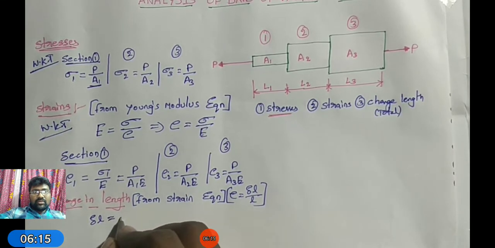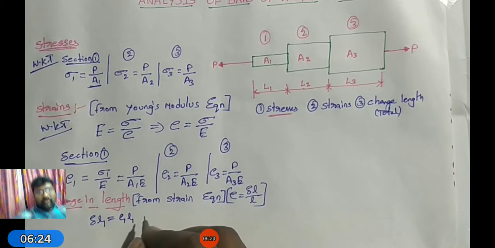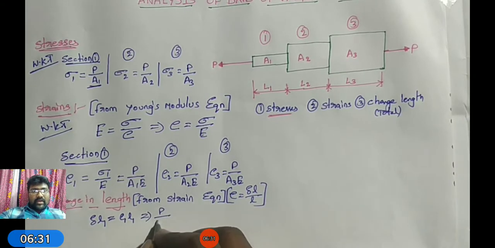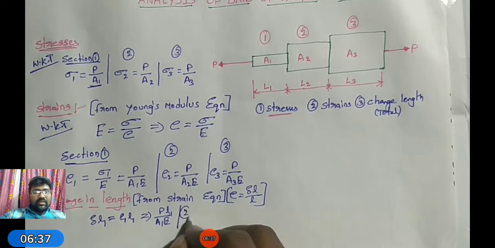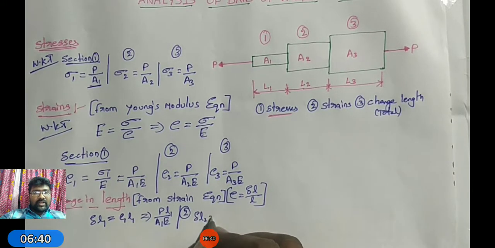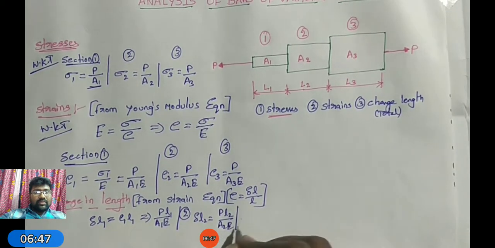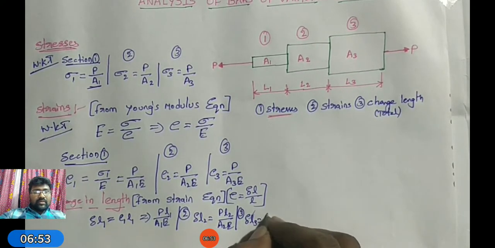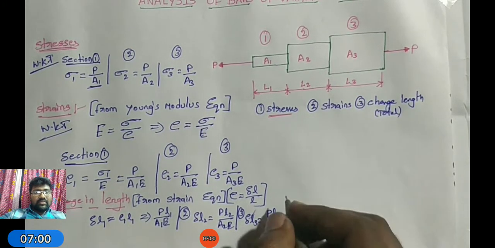Delta L equals strain into L. For section 1, delta L1 is equal to epsilon 1 into L1, where epsilon 1 we calculated now as P by A1 E. Similarly, the change in length in the second section is P L2 by A2 E. For the third section, delta L3 is equal to P L3 by A3 E.